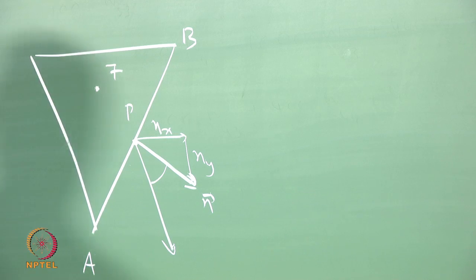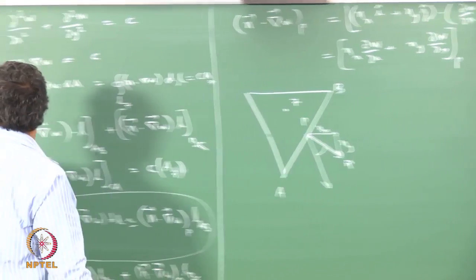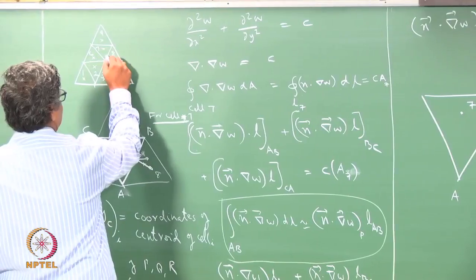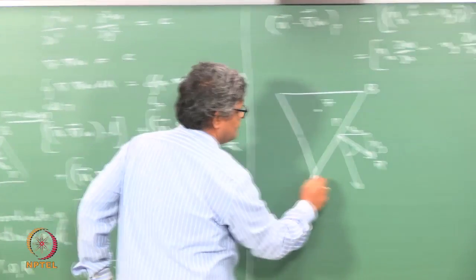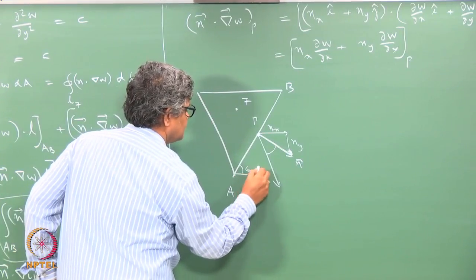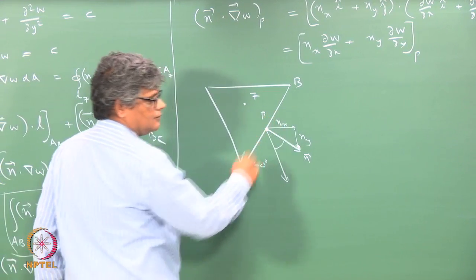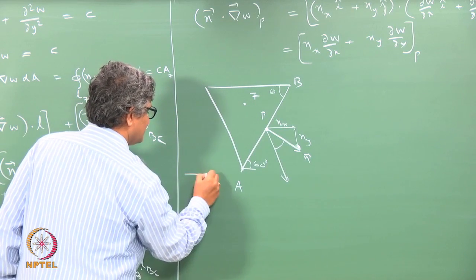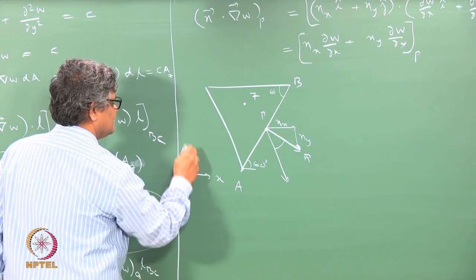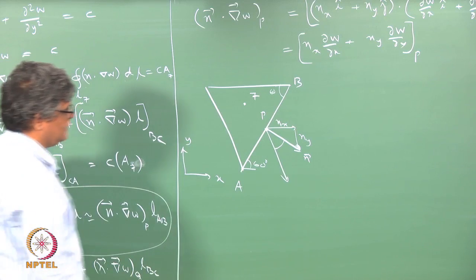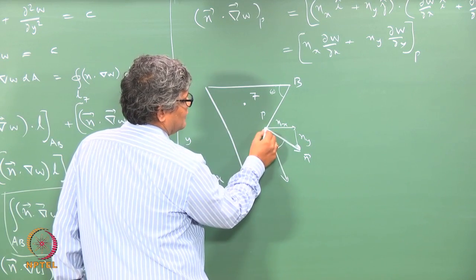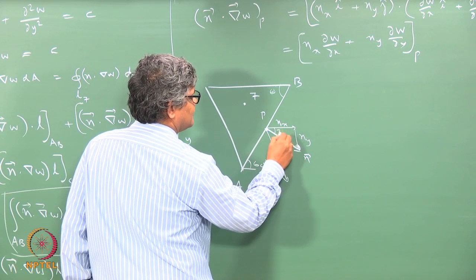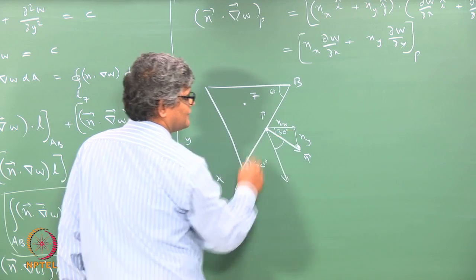So in this particular case we have an equilateral triangle. Okay, so this angle is 60 degrees and this angle is 60 degrees here, and this is our x direction and this is our y direction, and therefore this is 30 degrees and this is 60 degrees.